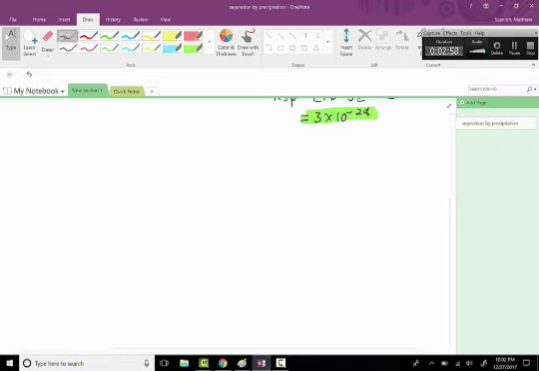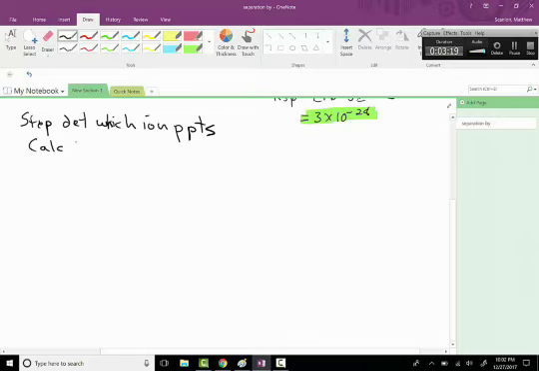So step 1, determine which ion precipitates first. To do this, we'll just calculate the concentration of sulfide minus 2 needed to start precipitation. PPT is my symbol for that. Precipitation of, let's do the lead first.